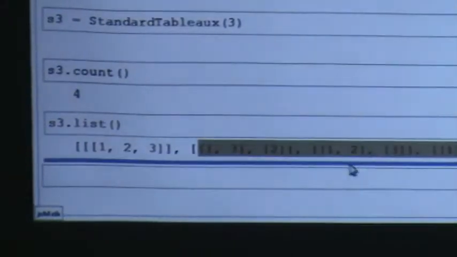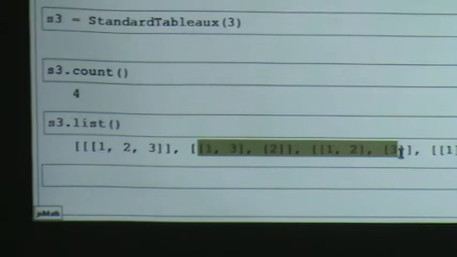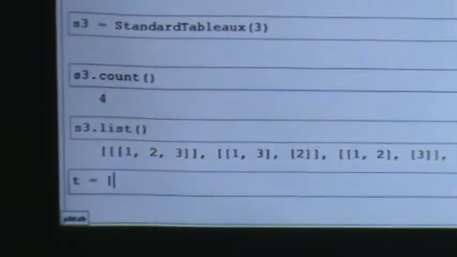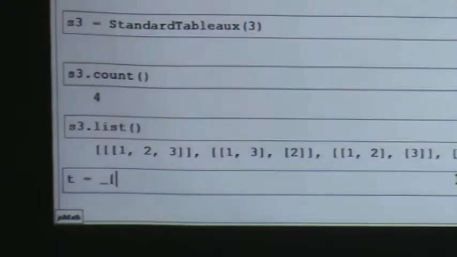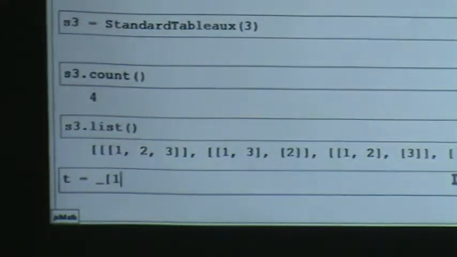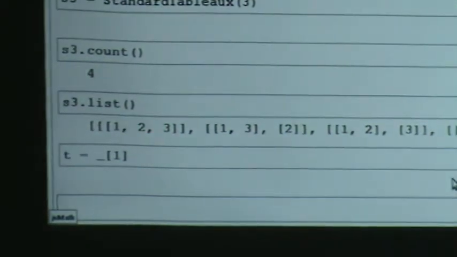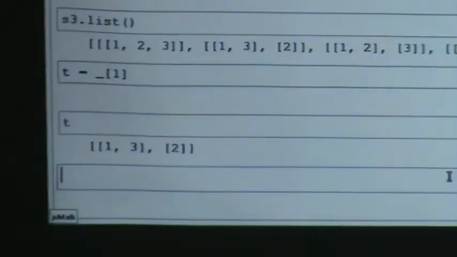Here are the ones of shape 2, 1. And then here are the ones of shape 1, 1, 1. If I let T be the second one in the list, Python starts its indexing at 0, then there it is.